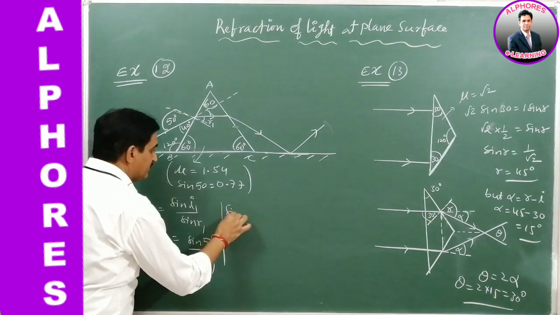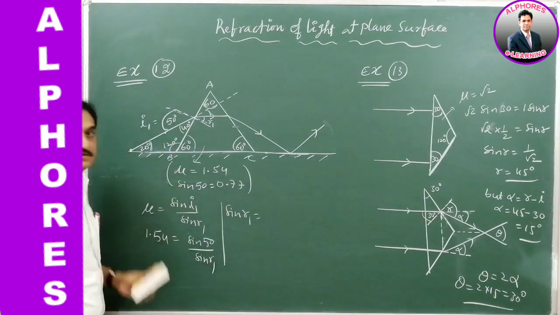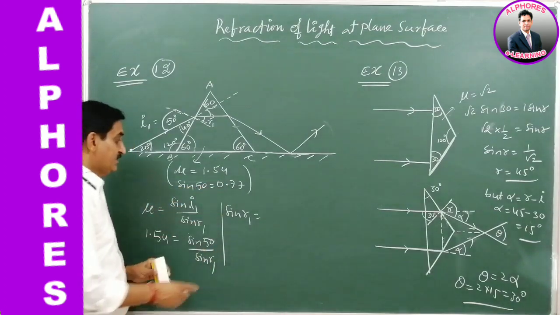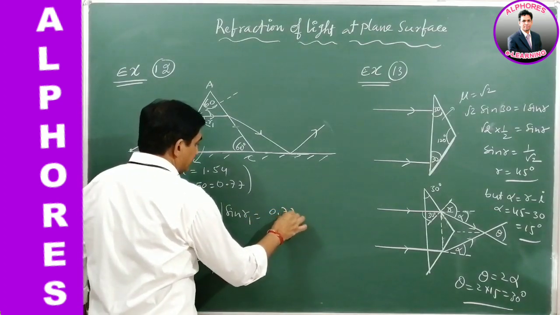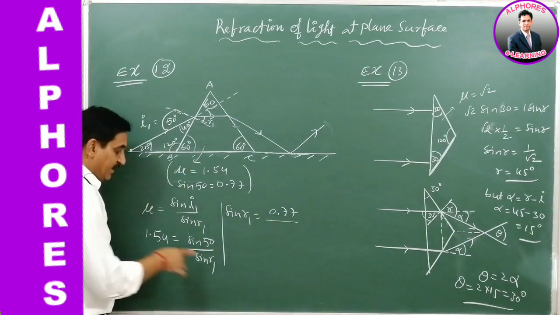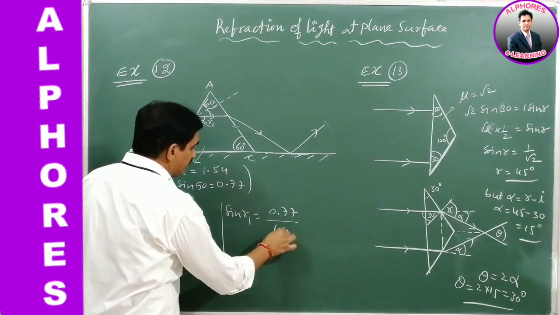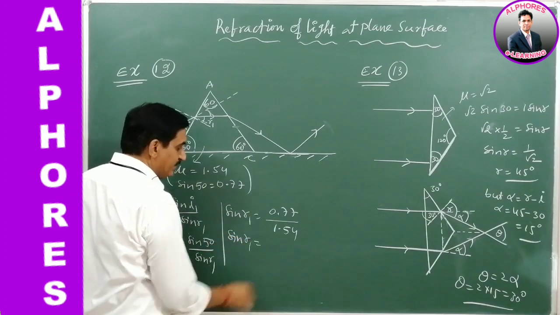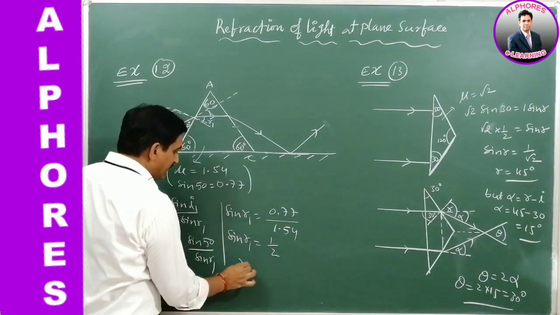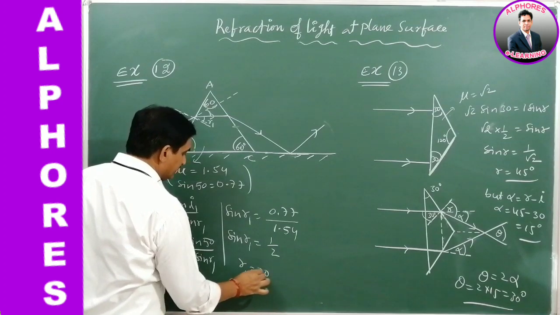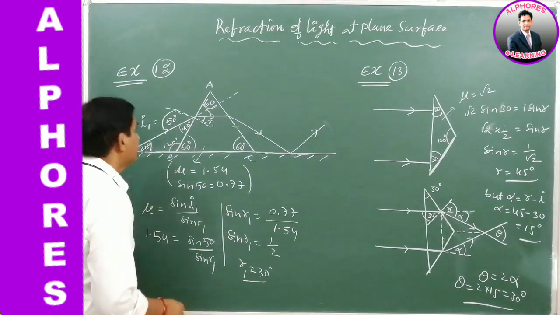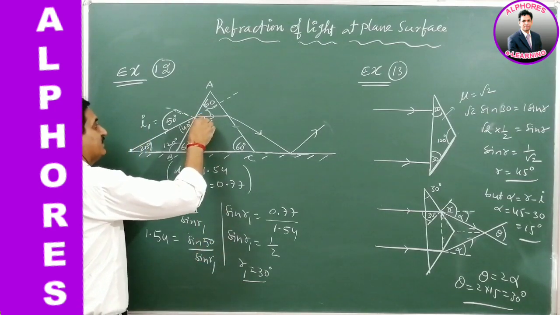Sine R1 is equal to, see, sine 50 degree is already given in the data, that is 0.77, and take this value to this side, 1.54. So sine R1 is equal to how much? 1 by 2. R1 equal to 30 degree, right? So this is R1, 30 degree.